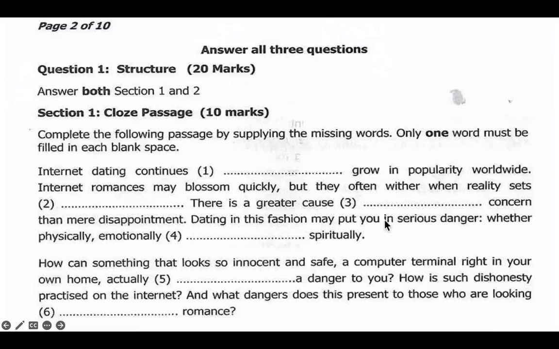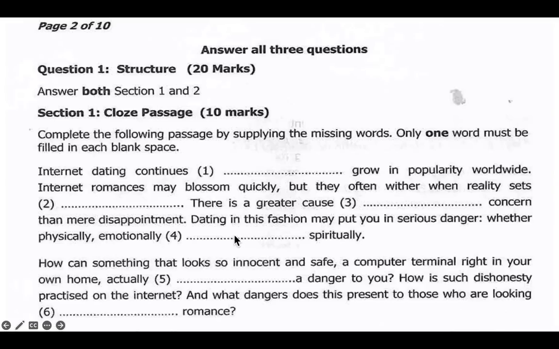Dating in this fashion may put you in serious danger, whether physically, emotionally, or spiritually. We can even say "or spiritually", because we have to understand the term whether. Whether is an optional word, it gives out an option. It can sometimes mean either. Whether physically, emotionally, or spiritually.